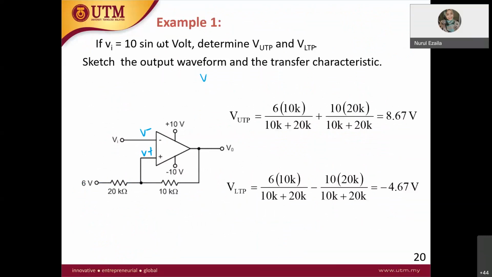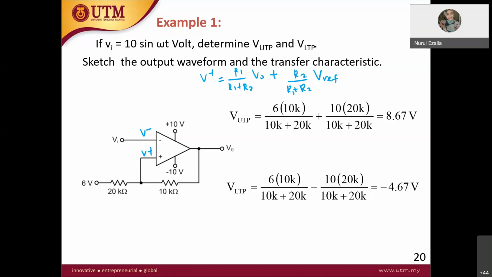V plus is equal to R1 plus R2 times V out plus R2 over R1 plus R2 times V reference.